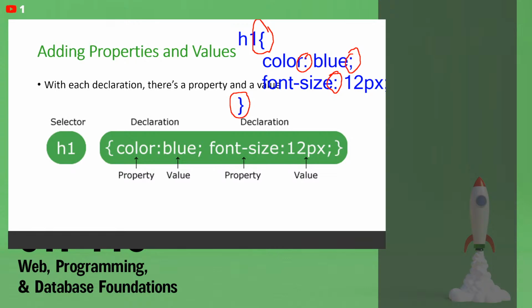Our semicolons need to go at the end of our declarations so that we know where one declaration stops and the next declaration starts, regardless of whether we write them linearly, like it's showing in the example here, or if we write them stacked, which is the way that I normally write my CSS rules. I normally write them stacked this way just because I believe they are easier to read, and I think you all would find that they're easier to read also. So I encourage you all to take that approach with them.